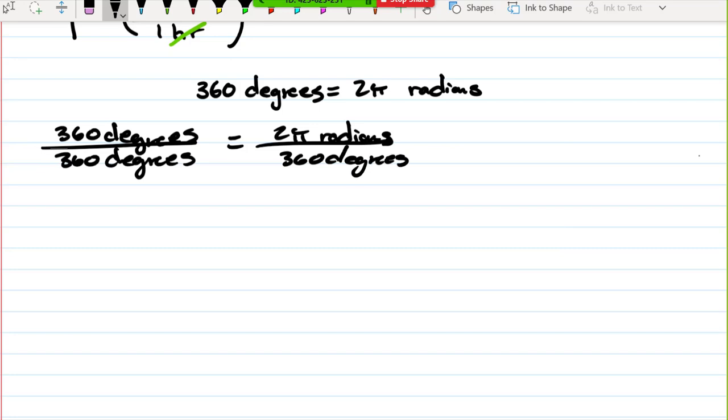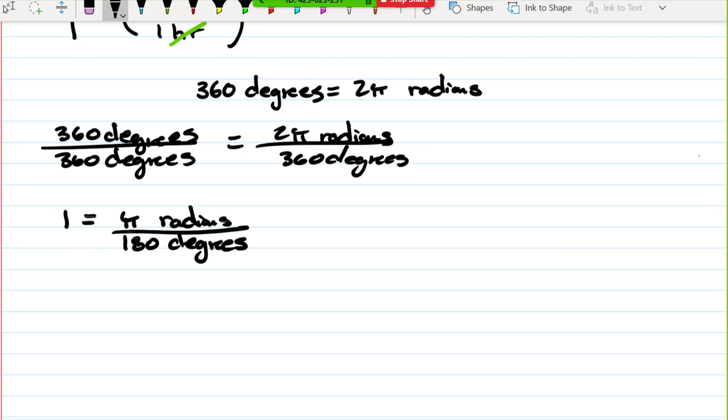So on the left side, everything reduces out, and I get 1 is equal to, 2 goes into 360 180 times, so pi radians all over 180 degrees.